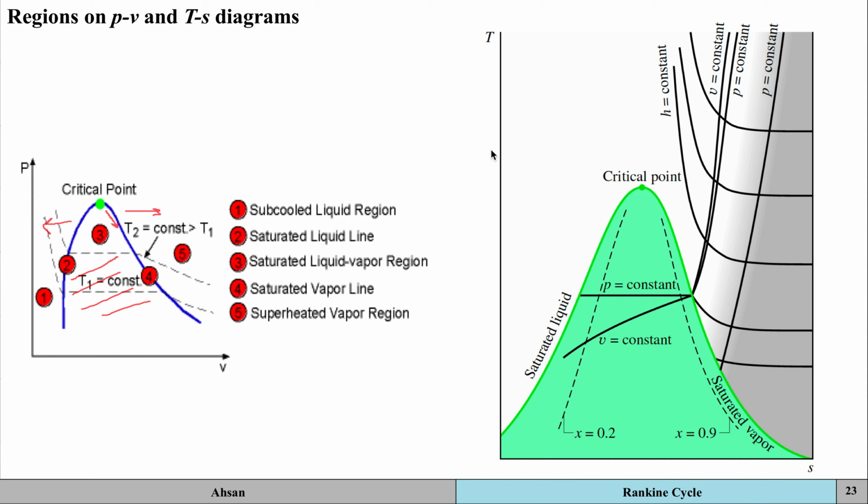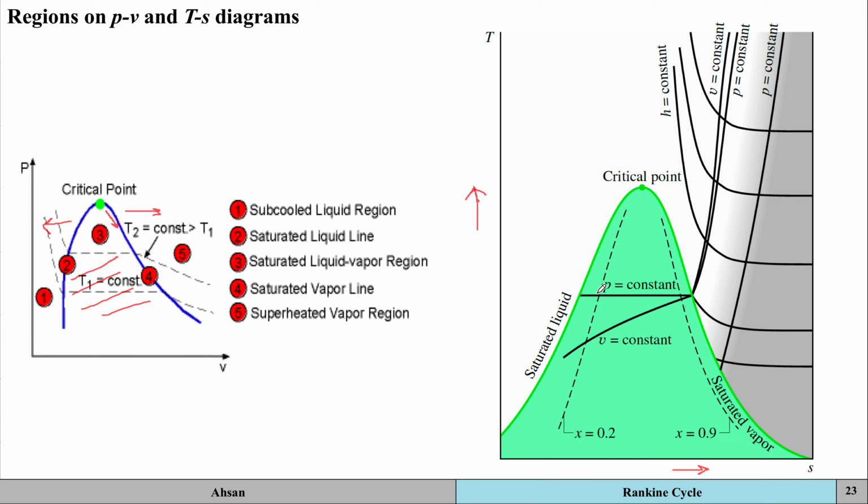Whereas if you were looking at the TS diagram, you're going to see that you've got temperature on the y-axis and entropy on the x-axis. Again, you've got a saturated liquid line, saturated vapor line, just as it was in the PV diagram. You've got a critical point here as well.